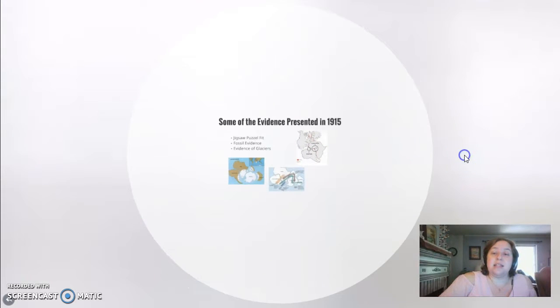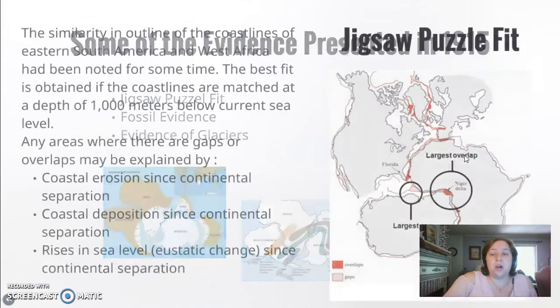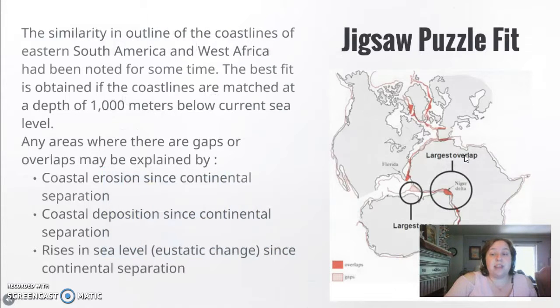And so some of the things that he mentioned were jigsaw puzzle fit. He was able to put pieces of the continents together and show that they did fit together. We have a better understanding now that there is more to the continent than what we see on land. At the time, they had old maps, and maps were often drawn by people who either walked along the shoreline or mostly got in boats.